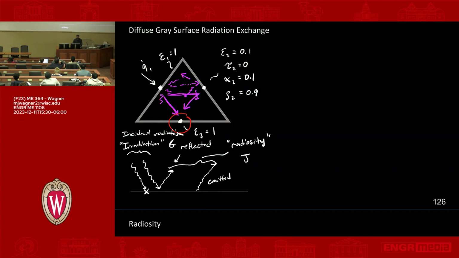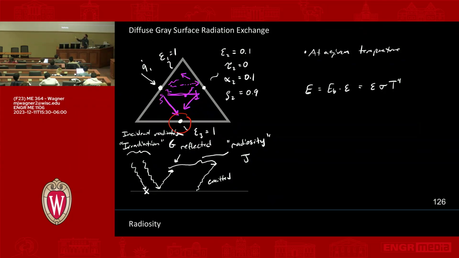Some notes that I want to make here. Let's say at a given temperature we have some surface, and that surface is emitting power, so it's E that's being emitted. The power being emitted is equal to EB, the black body power, times the emissivity, epsilon. This is really the same thing as epsilon sigma T to the fourth. So at a given temperature, the power being emitted is related to this equation.